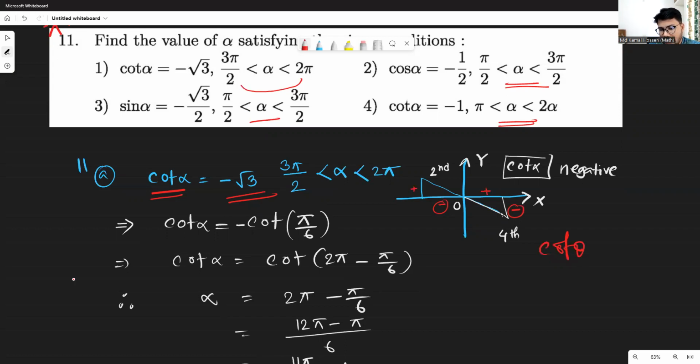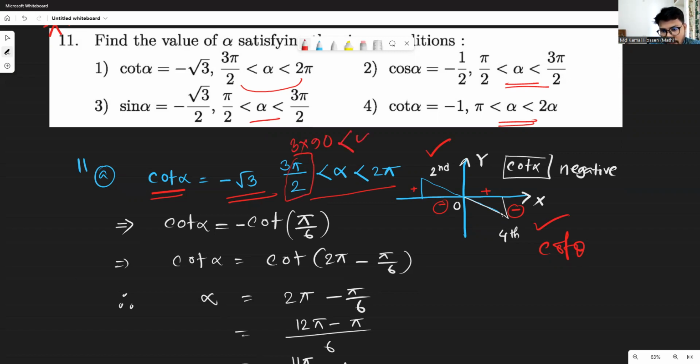Cot theta is negative in the second quadrant and in the fourth quadrant. But this angle is 3 times 90, where 90 is the basic unit.